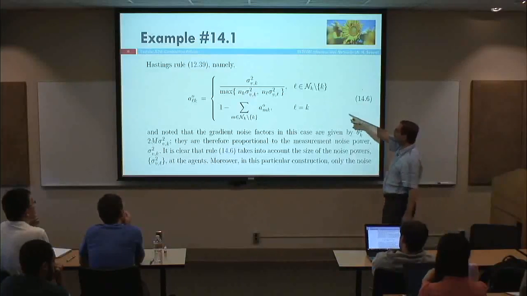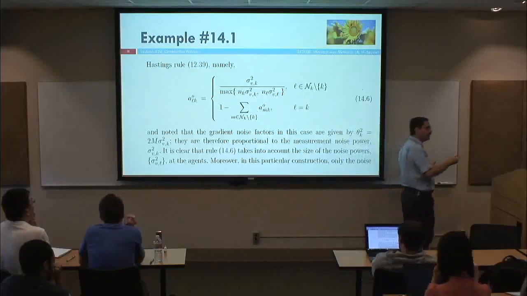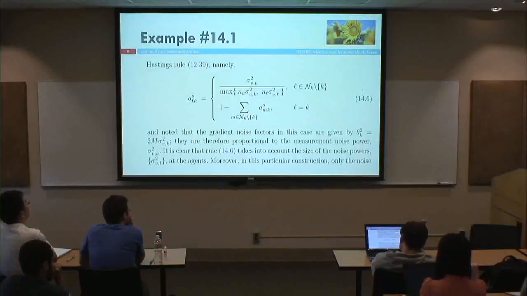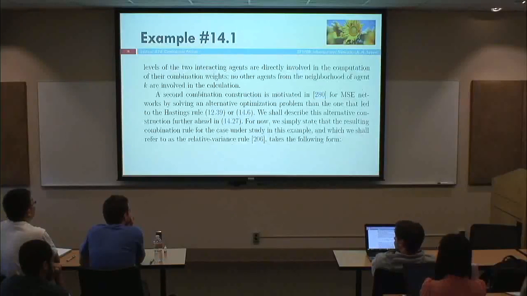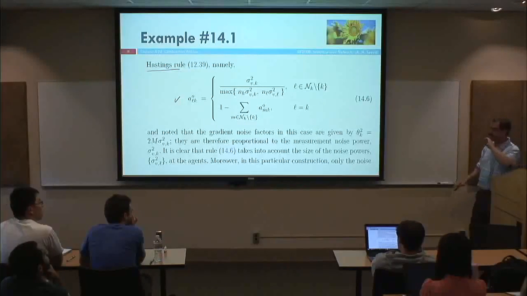But I need to know the noise power at the agents. So that's one problem there. So I need to know how to learn the noise power, okay? This is just to show you what's happening. So this is one example of an optimal rule, Hastings rule, okay?